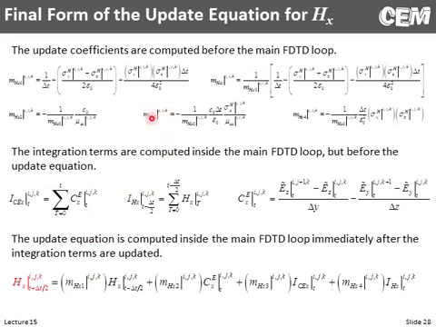And so we can get rid of all these other parameters once we calculate our update coefficients. We just retain a big array for this one, a big array for this one, a big array for this one, and a big array for that one. And we set up a loop, and we'll say, for nx from 1 to big Nx, for ny from 1 to big Ny, and for nz from 1 to big Nz. We loop through our entire grid, and we run an update equation like this for every single point.